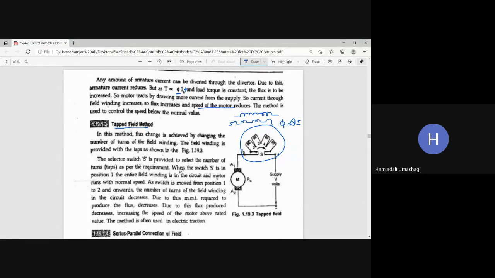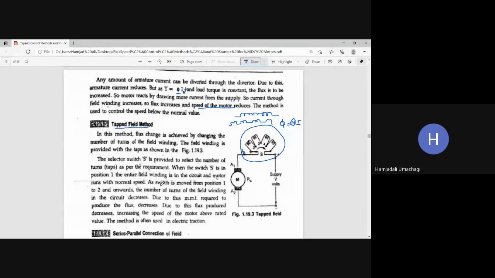Then the entire winding is in the circuit and the motor runs with normal speed. So if I include all that number of turns, then the motor will be running at a normal speed. This is the flux that is required for normal speed. These many turns will give the normal flux value, which is responsible for giving the normal speed of the motor.